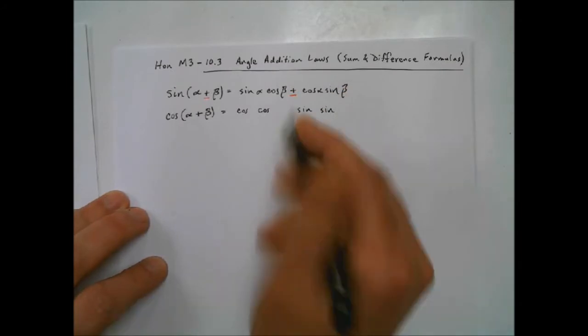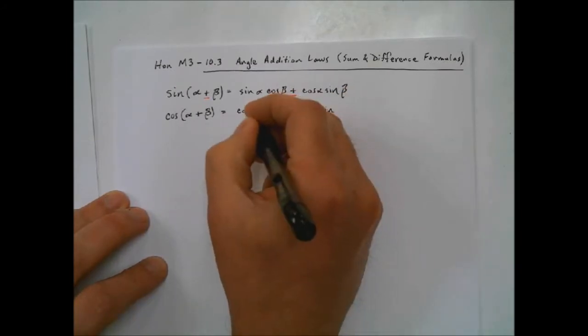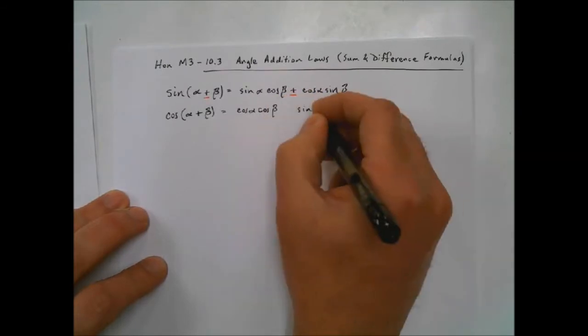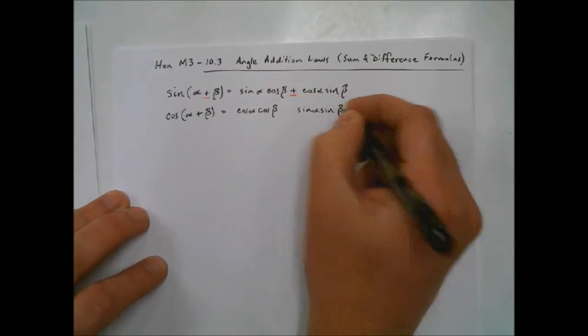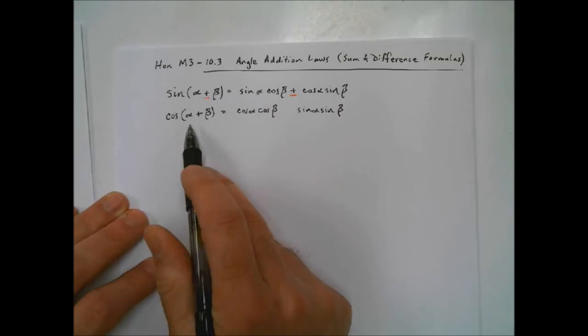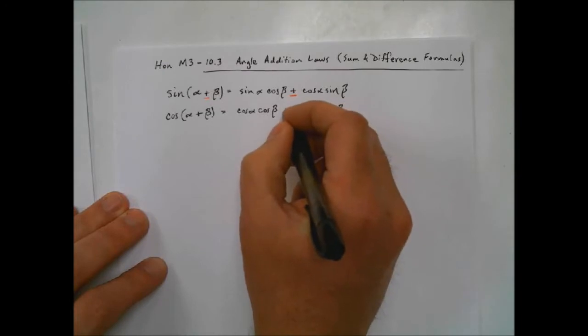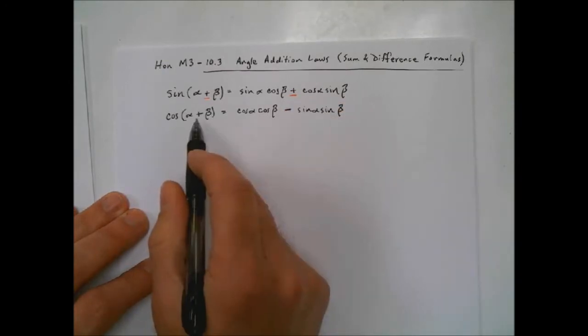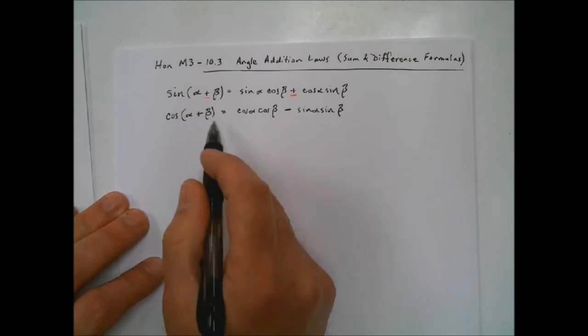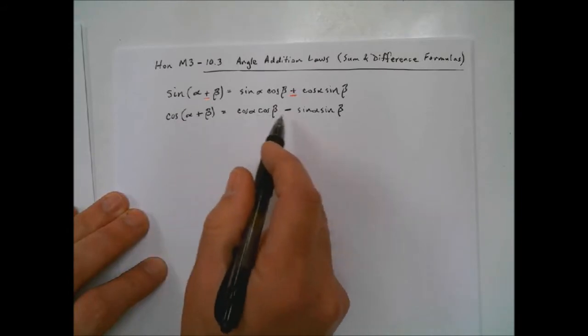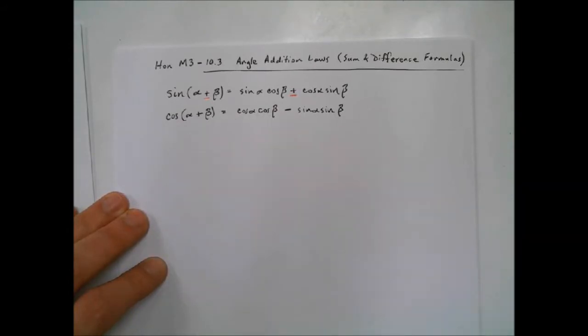And again, the angles go in order, alpha, beta. And then cosine starts with a C, cosine change. So if it's a plus over here, then it's a minus over here.